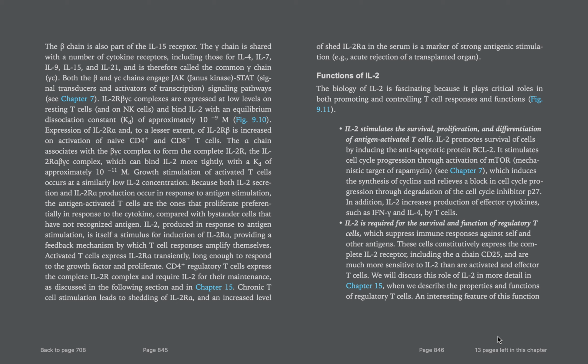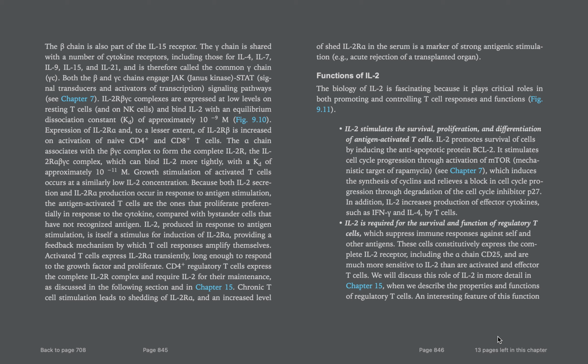Interleukin-2 is required for the survival and function of regulatory T cells, which suppress the immune response against self and other antigens. These cells constitutively express the complete interleukin-2 receptor, including the chain of CD25, and are much more sensitive to interleukin-2 than activated effector T cells.